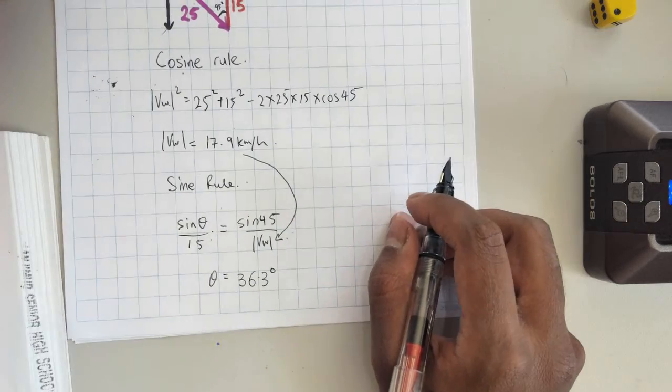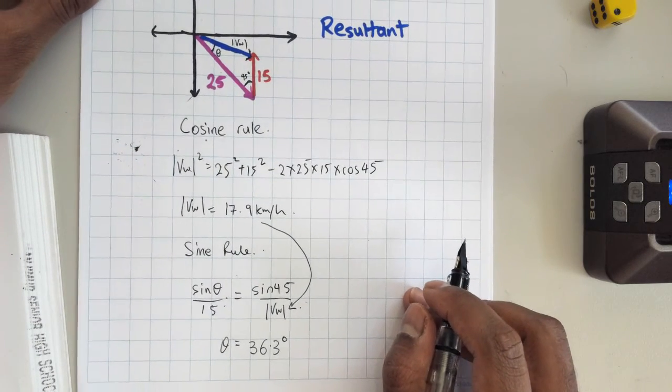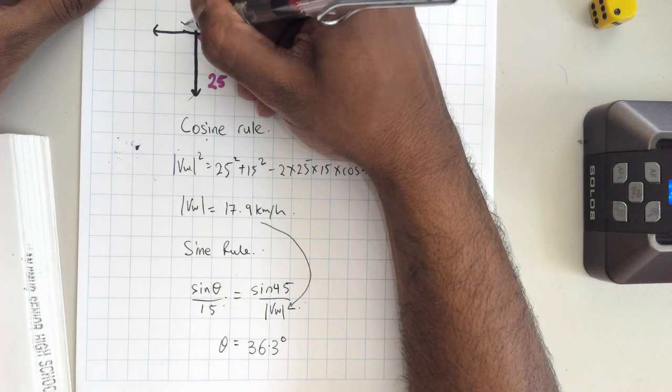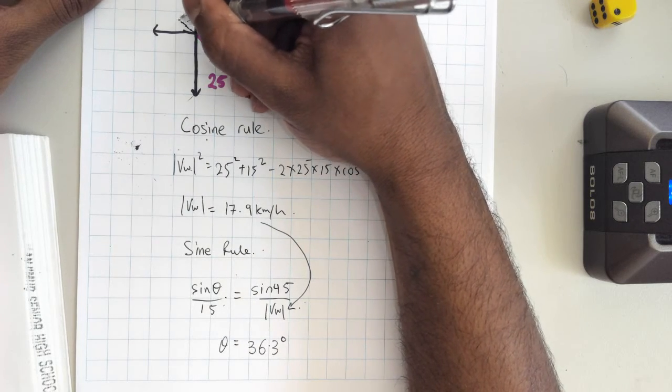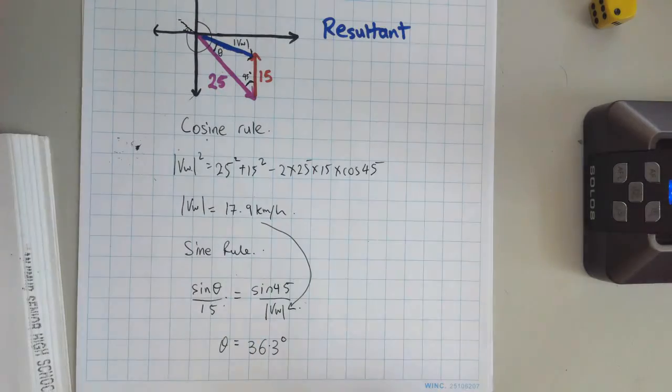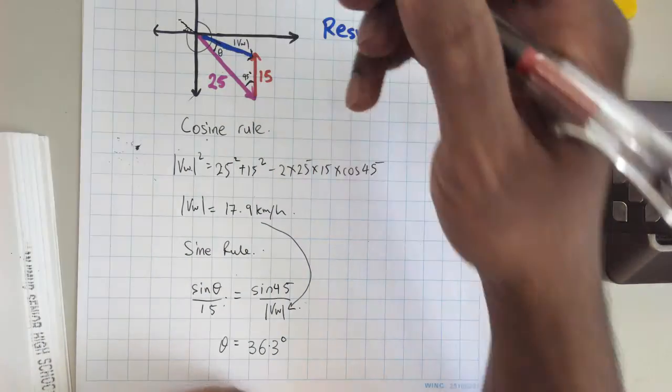So that's not my bearing per se. Let's go back to my diagram. Well, that's 36.3, but my bearing has to be all the way there. So let's find where this line sits first.